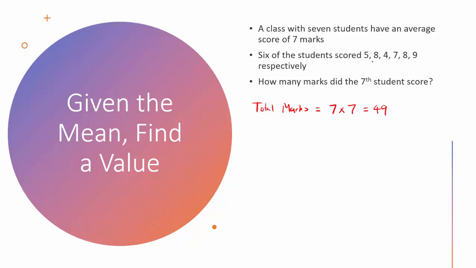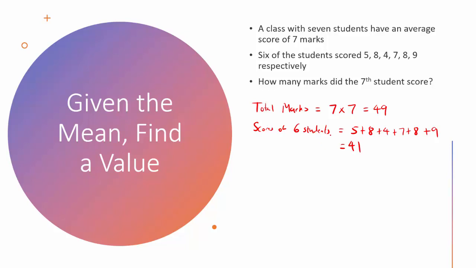Now 6 of the students scored these. So the scores of 6 students is equal to 5 plus 8 plus 4 plus 7 plus 8 plus 9, which is 24, 36, 41.